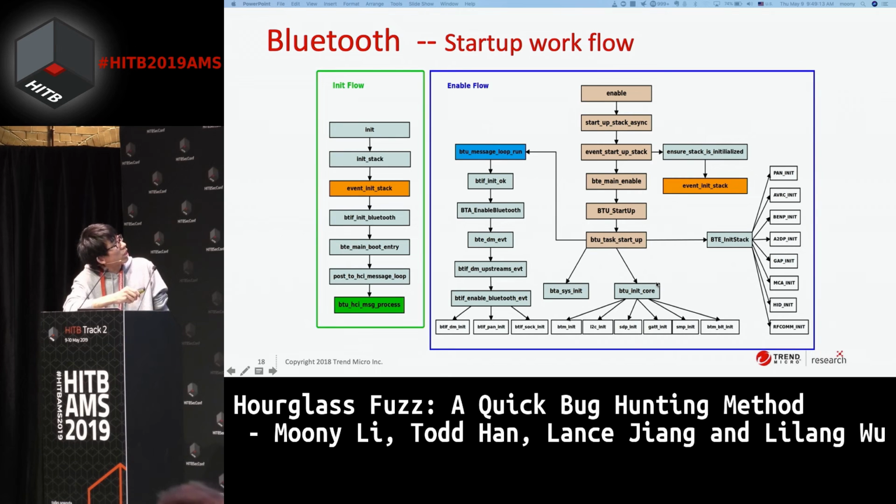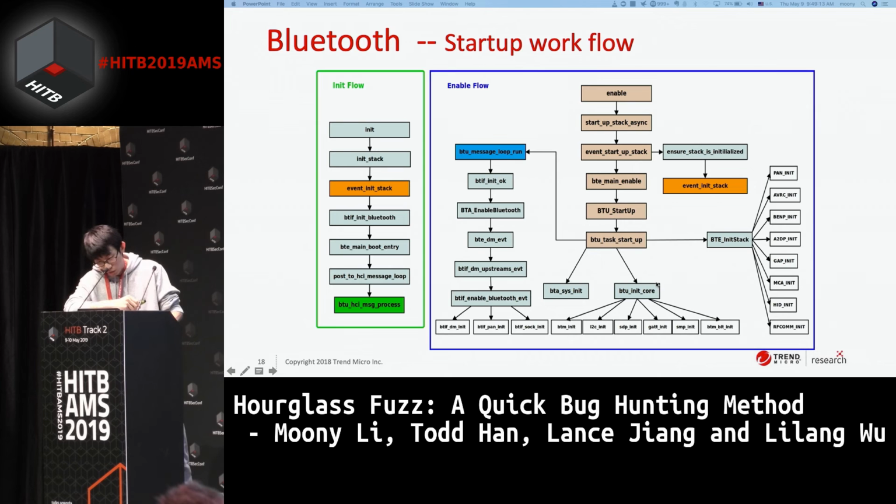This is the BTU HCI message process. It will process messages that pass from the HCI to the lower layer and route these messages to the L2CAP layer if necessary. But this time, the init flow just sets it up, and then it's the enable flow that lets it really begin to work.